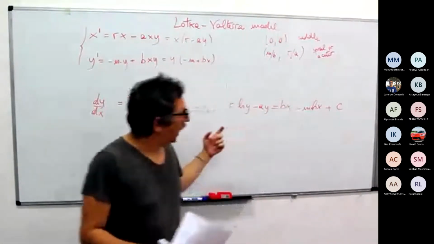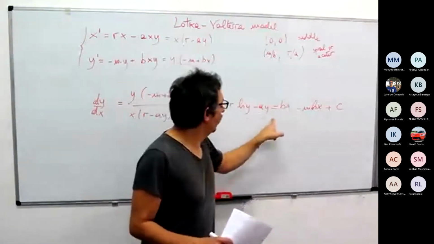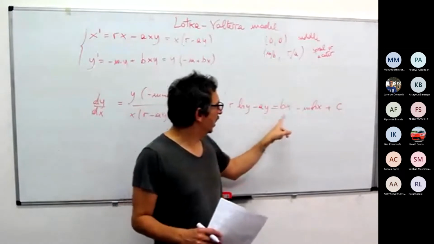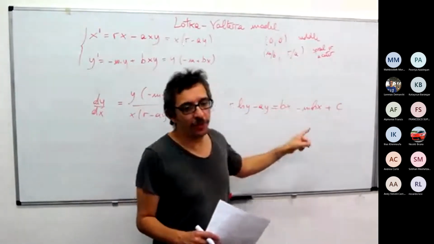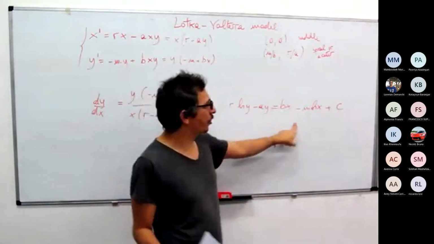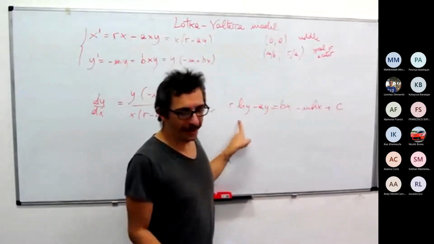This is a complicated expression of the orbits because you cannot solve for either of the two variables x or y with respect to the other one. Try to do that. Try to find y as a function of x, or try to find x as a function of y.